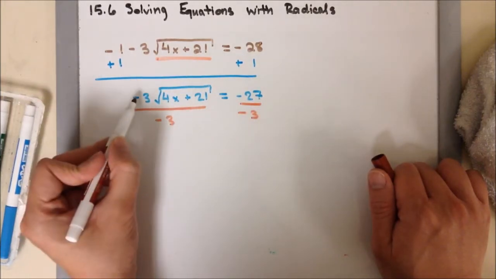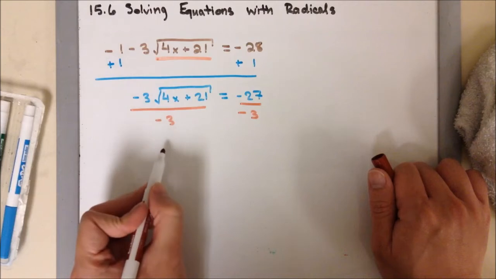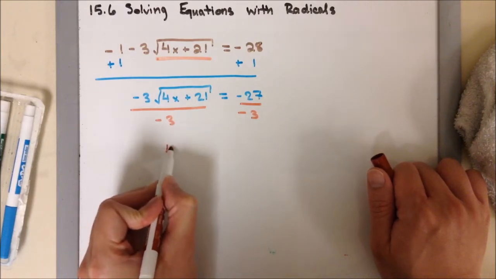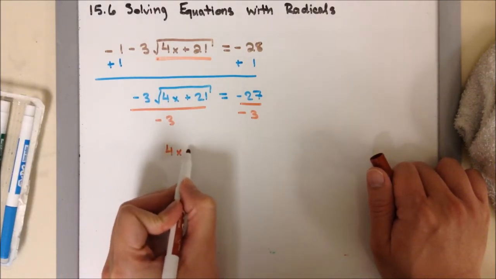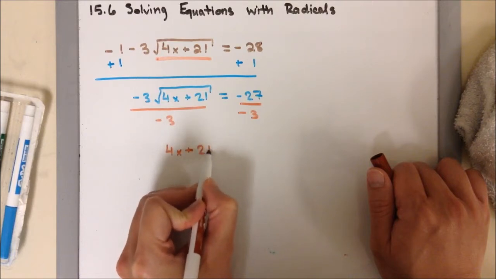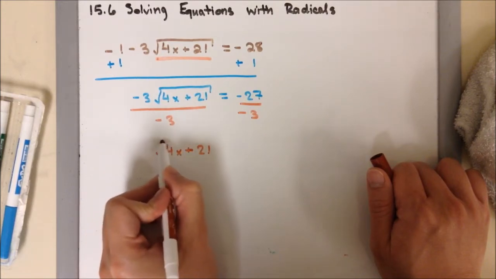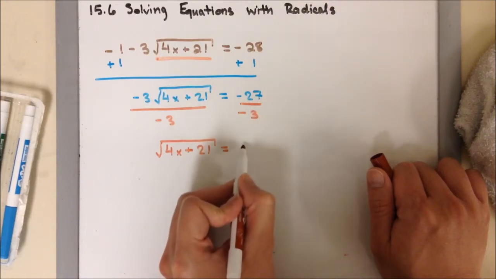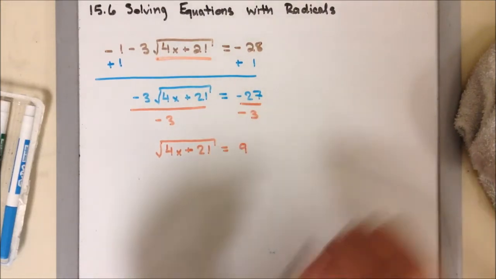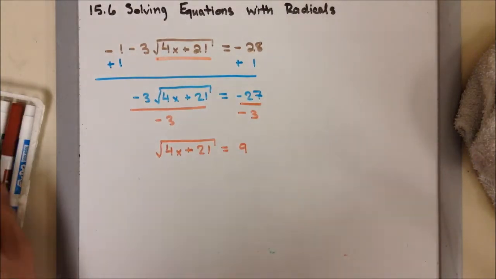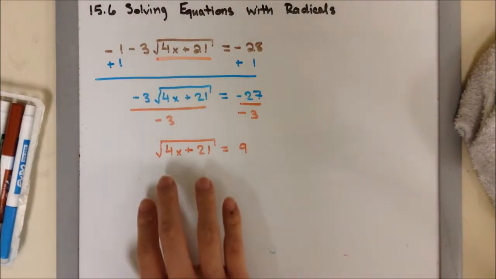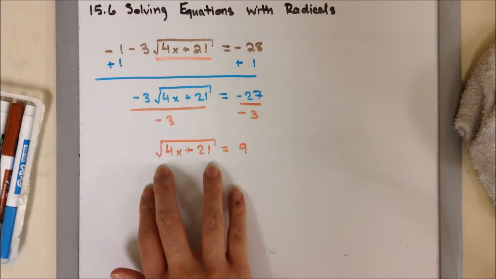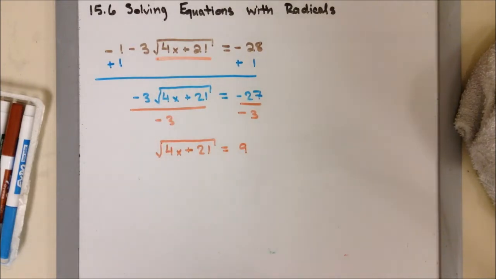On the left side, the -3 divides into 1, and I'm just going to have the square root of 4x plus 21 equals -27 divided by -3, which is +9. Now you can clearly see that the square root is by itself on the left side.